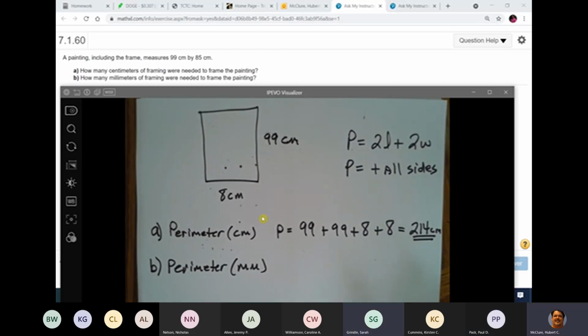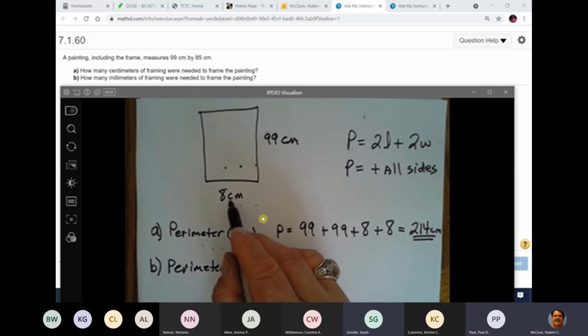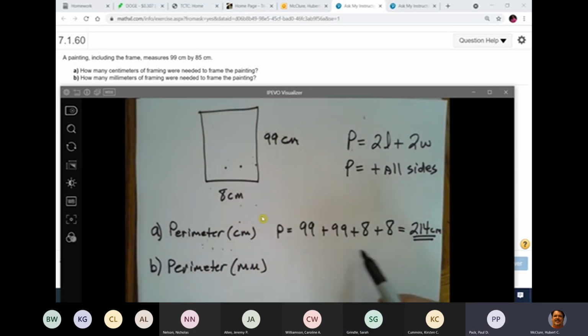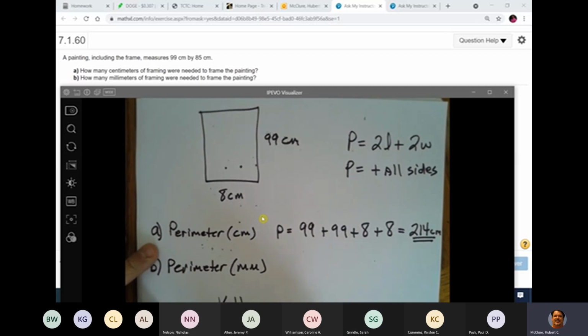Okay, now what? Now you can change this to millimeters and this to millimeters and then do what we just did, or you can just take this and change this into millimeters. However you want to do it. King Henry Died, meters, liters, grams, drinking chocolate milk. Centimeters to millimeters.